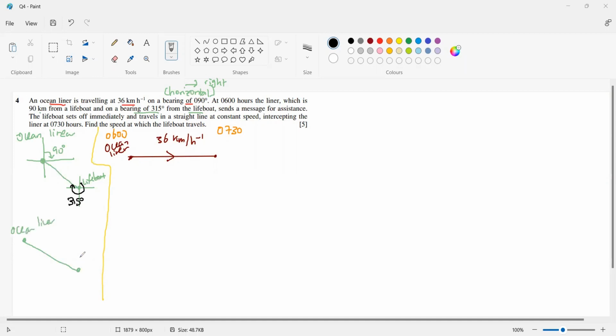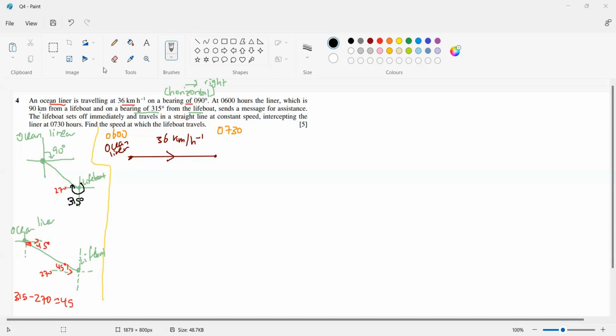I can also do a small modification, which could be important for this question: if you subtract 270 from 315, it's 45. The reason I want to subtract 270 is because up to here is 270. This line is 270, that means here is 45 degrees. Because we can use corresponding angles, the Z here, this is 45 degrees.